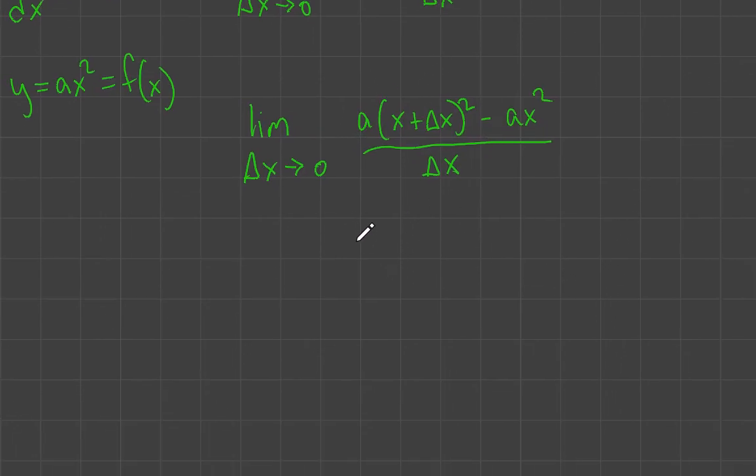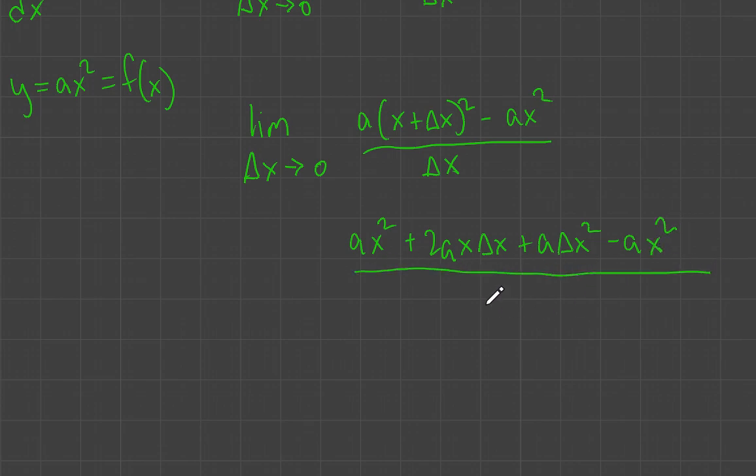And expanding this out, we get ax squared plus 2ax delta x plus a delta x squared minus ax squared, all over delta x. So we see ax squared minus ax squared.